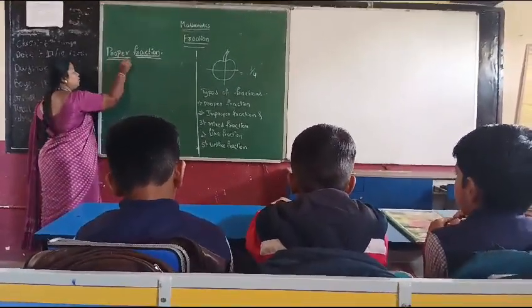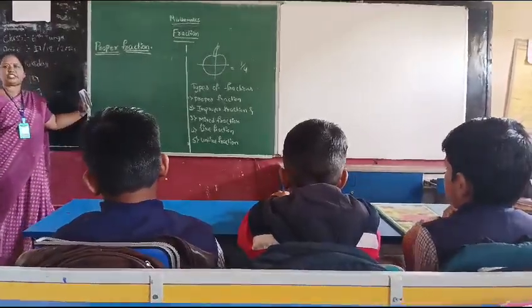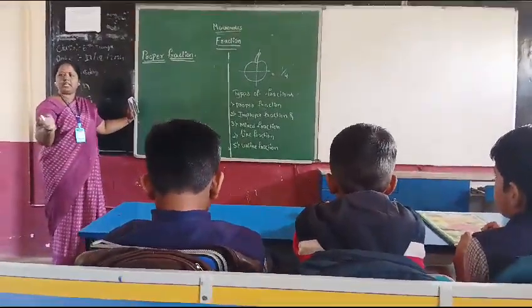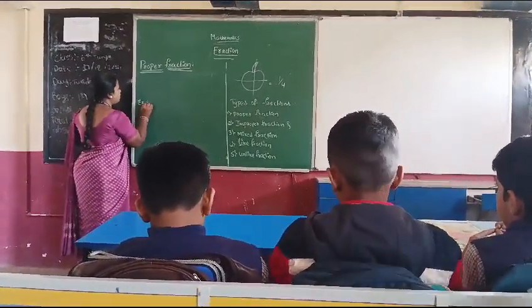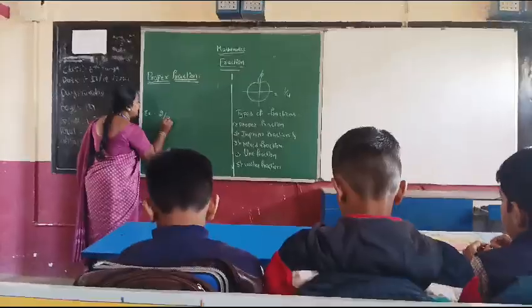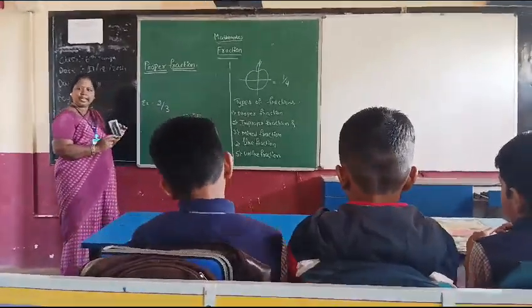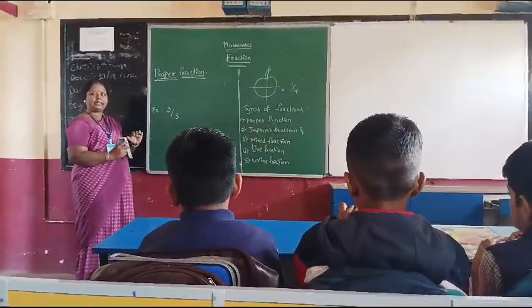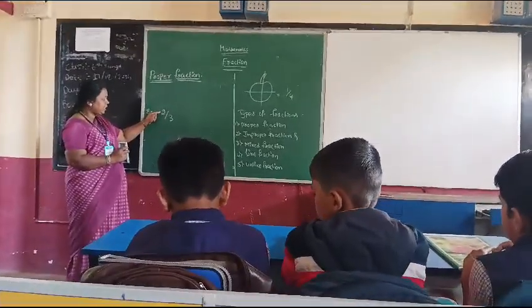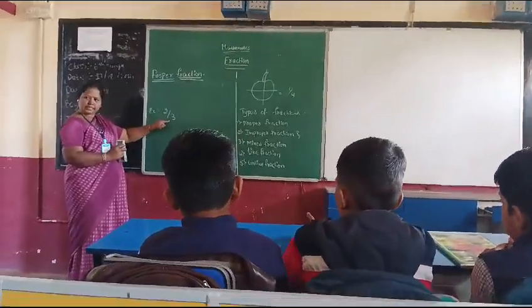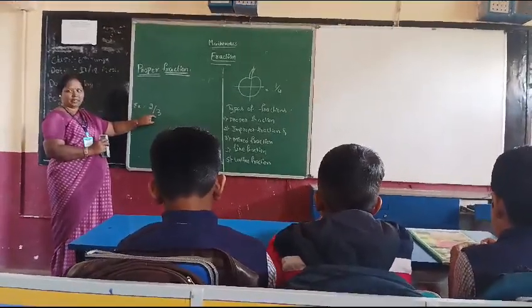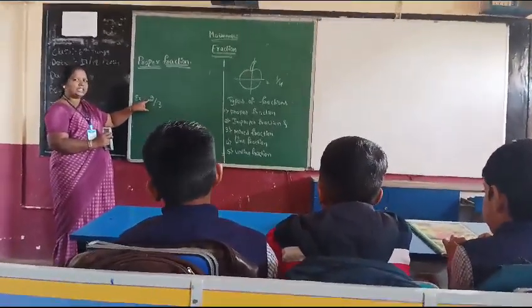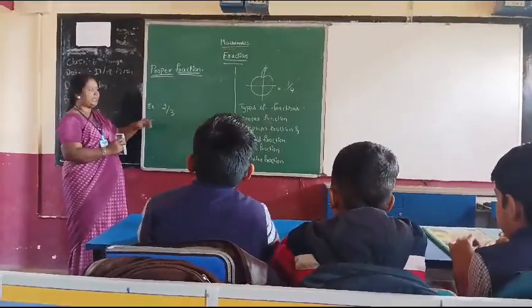Children, you know we represent a fraction by two numbers, for example, 2 by 3. Here, the numerator is 2 and the denominator is 3. The numerator is less than the denominator.